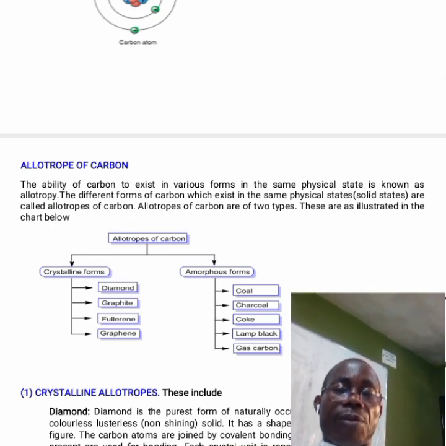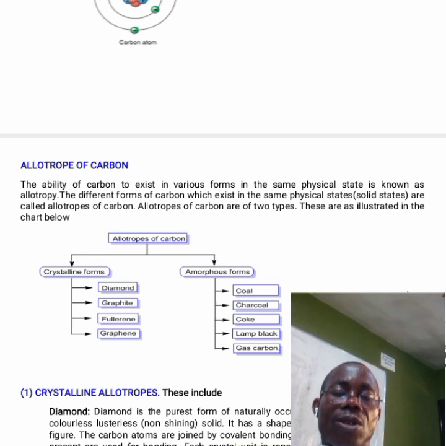All right, so the uses of these allotropes. Because diamond is very hard, it is used in making cutting and drilling tools. And for graphite, because graphite has free electrons in its crystal lattice, it is used as electrode in dry cells and also in electrolytic cells.